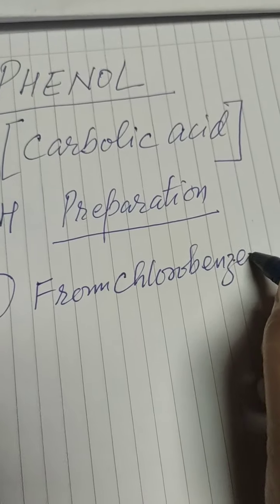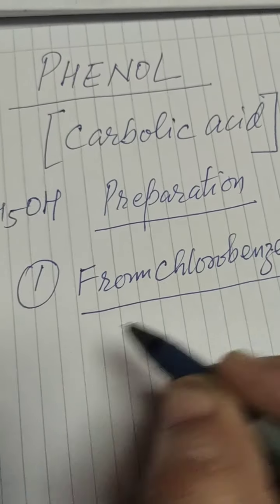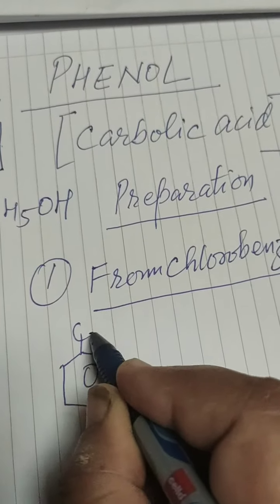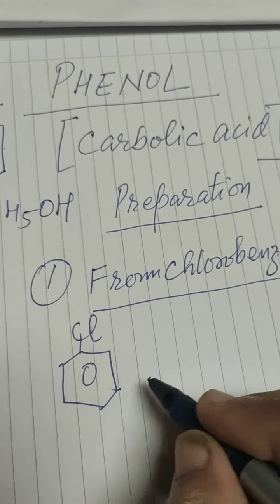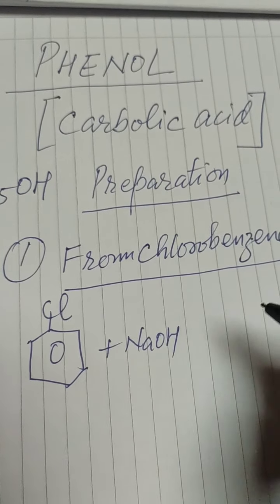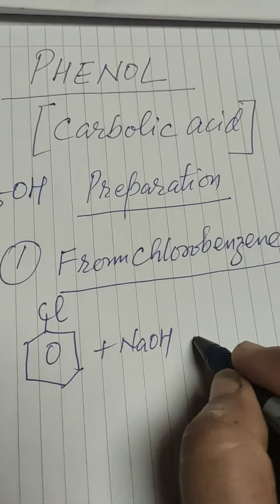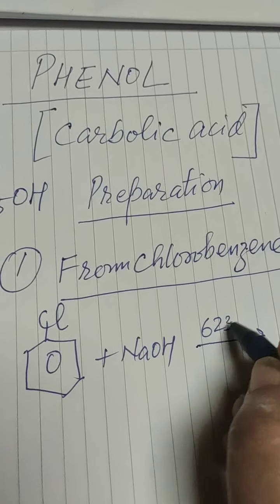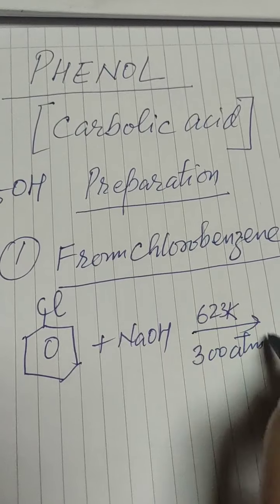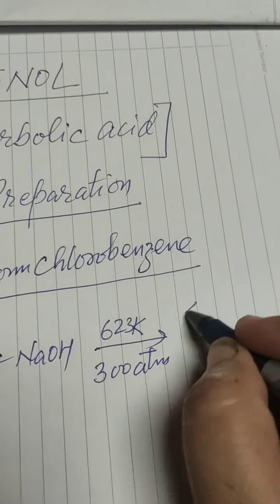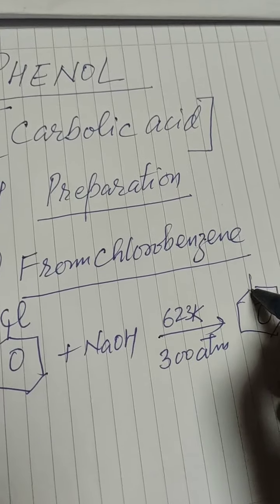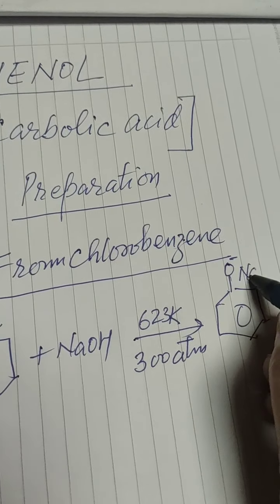You all know the formula for chlorobenzene is C6H5Cl. When we treat this chlorobenzene with sodium hydroxide at 623 Kelvin and 300 atmospheric pressure, these are the conditions, we obtain C6H5ONa.